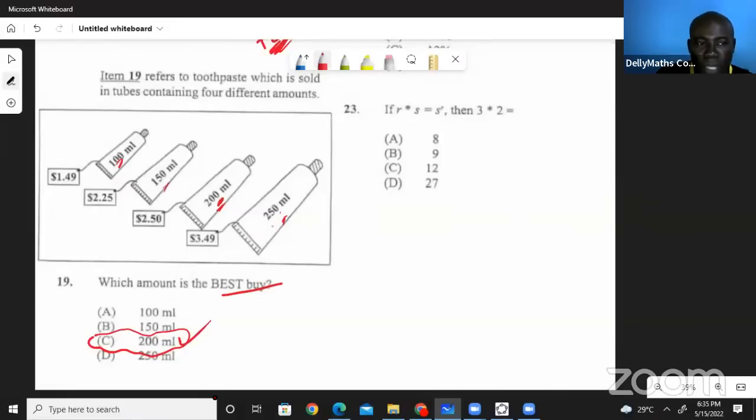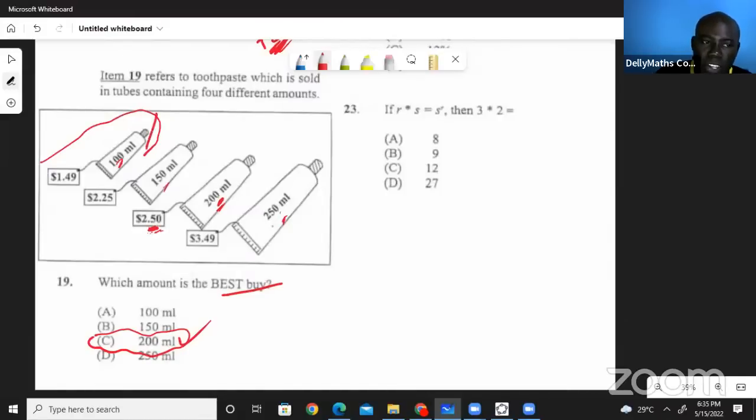If I divide this by 2, I realize that the 100 is too expensive, because if this is 100 and this is 200, it is half of it. I am expecting the money to be somewhere near a half, but this is way more expensive than half of this value.